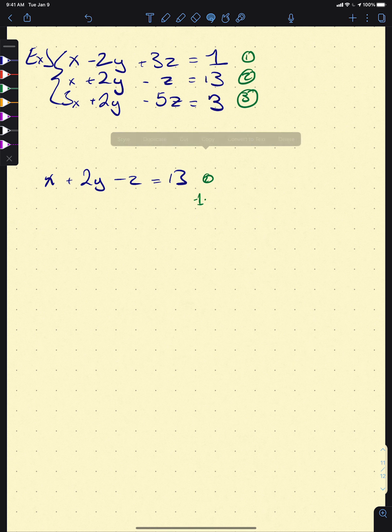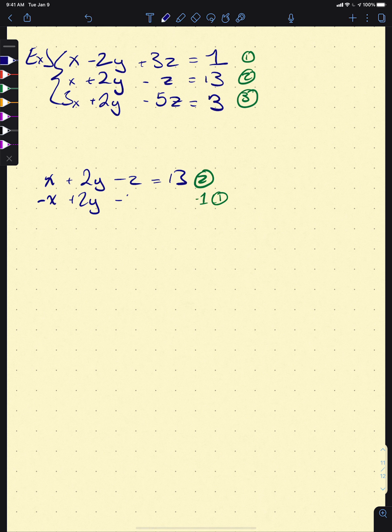So I'll move these over here for a little more room. This is equation 2. We want to do -1 times equation 1. That's going to give us -x plus 2y, looks like minus 3z equals -1. And now we add these.